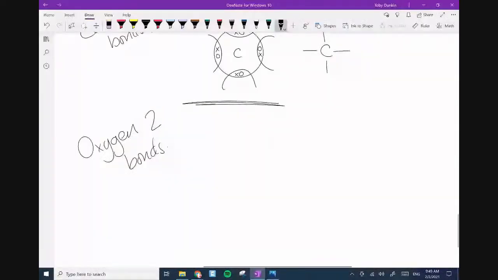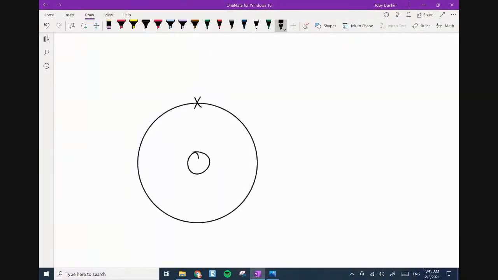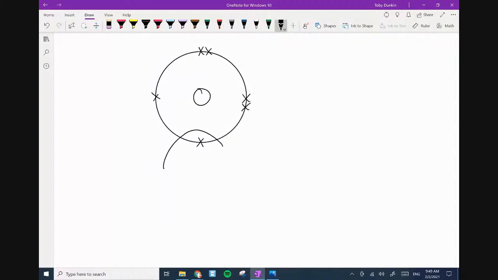So there's oxygen, and oxygen has 6 electrons. Let's draw its 6 electrons. There's its 6. It is going to make 2 bonds, so it gains 2 electrons.